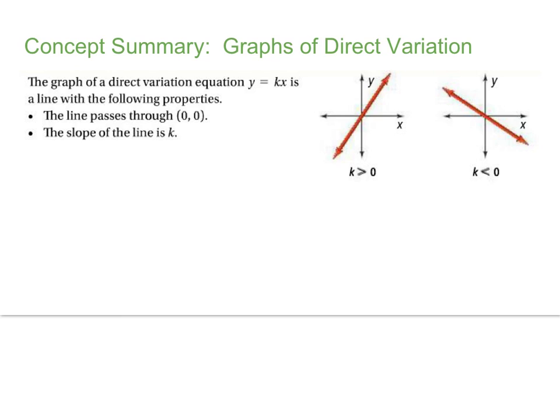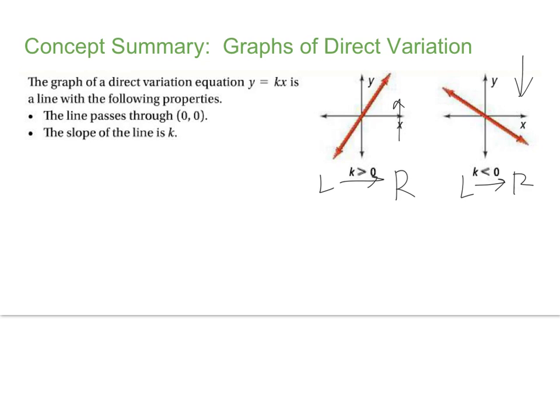When k is greater than 0, as we go from left to right on the graph, the line goes up, and if k is less than 0, that is it's negative, then as we go from left to right, the graph goes down. So we can say up with a positive coefficient of variation and down with a negative coefficient of variation.